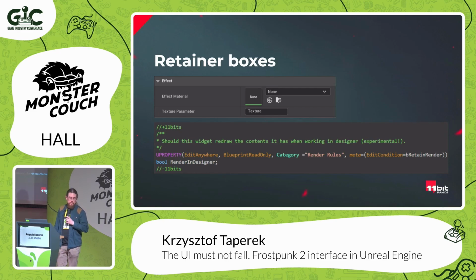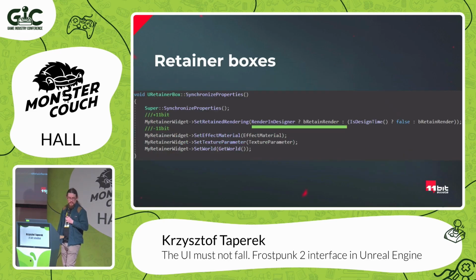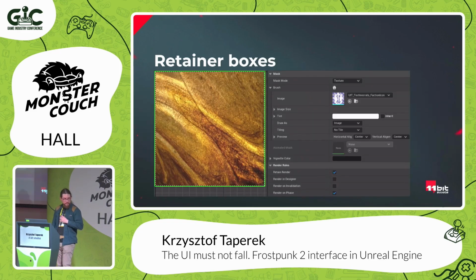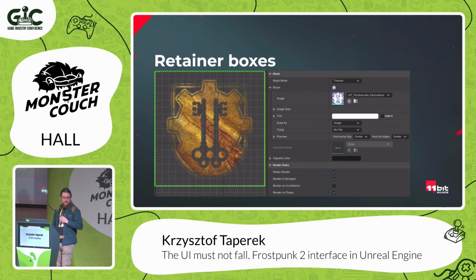So we added a simple property if you want to render it in Designer, and the only real change was just adding a check for that in synchronized properties. And for me, it was just an oversight on the Epic side, or probably there were problems with some crashes, so they decided that, okay, we'll disable the feature and we don't have a problem. So yeah, instead of looking like this, it will just mask everything in the editor, because we are using retainer boxes mostly for masks.